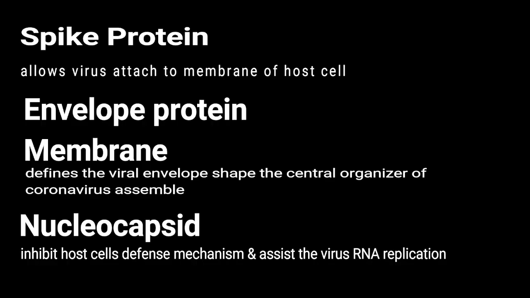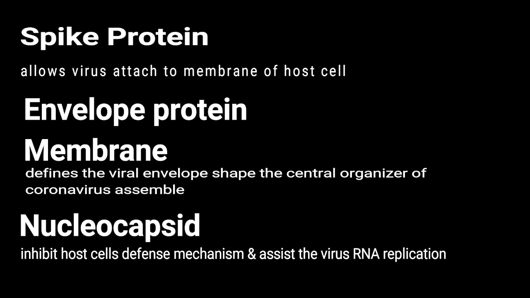There are four important structural proteins, which are S, E, M, and N proteins, that make up the virus and are responsible for the spreading. S is spike protein, which functions in allowing the virus to attach to the membrane of the host cell. E is envelope protein.